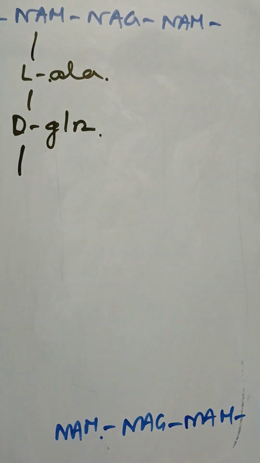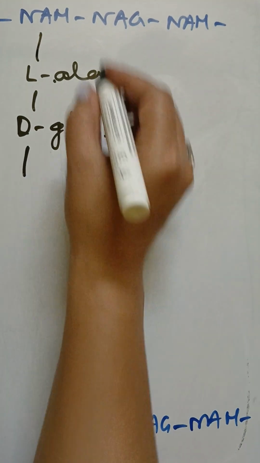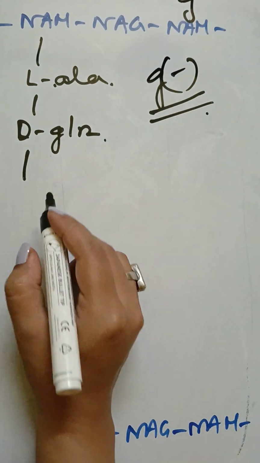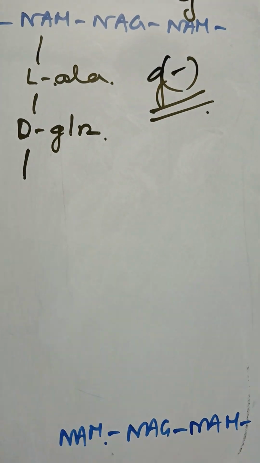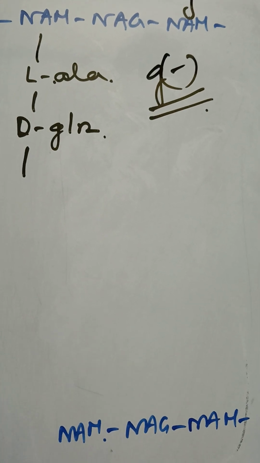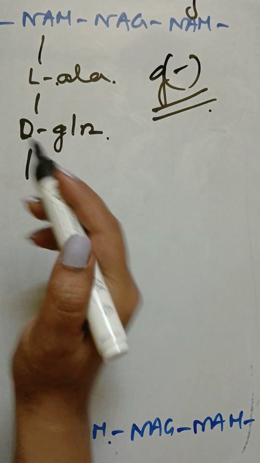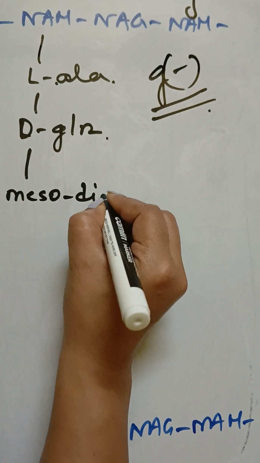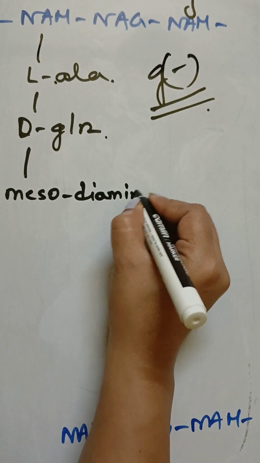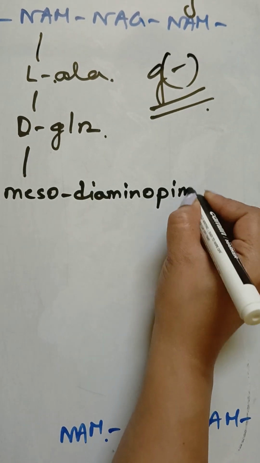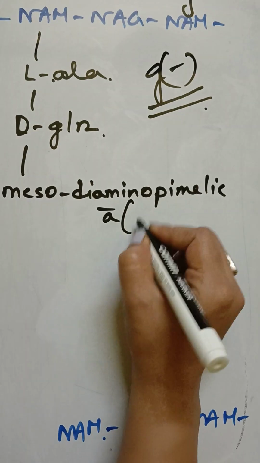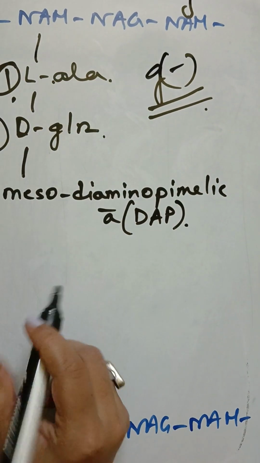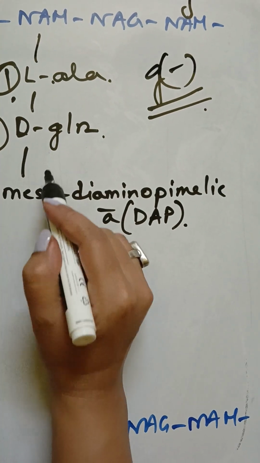The third position, in case of gram-negative bacteria, is substituted with a diamino acid. It is not similar to the gram-positive one. That is known as mesodiaminopimelic acid, or in short DAP, in the third position.